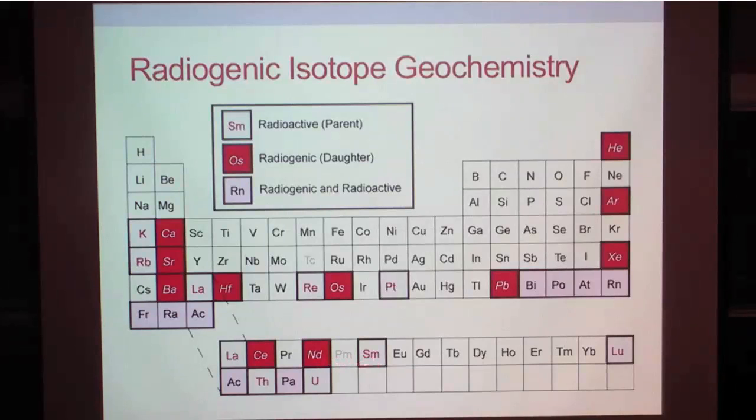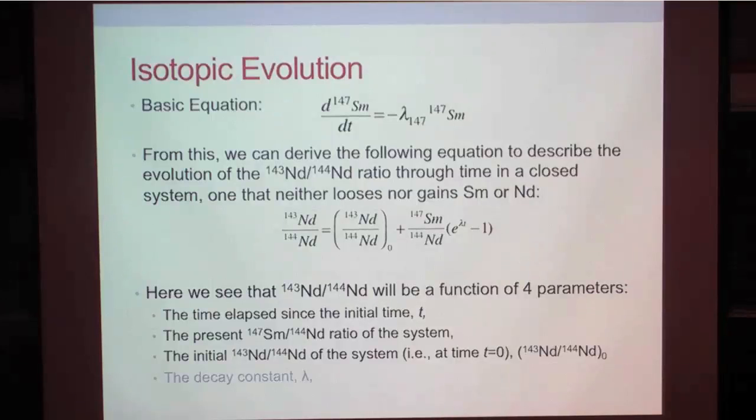Neodymium and samarium are rare earths. Neodymium is a little bit lighter, lower atomic number, larger ion, so it's more incompatible than samarium. Simple relationship. Okay, so isotopic evolution. This is our basic equation of radioactive decay.